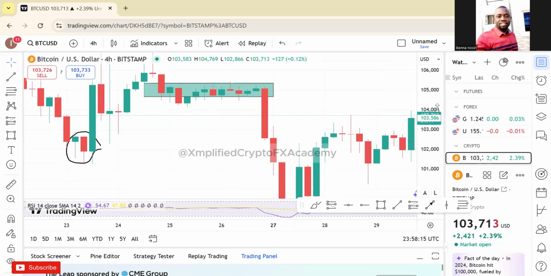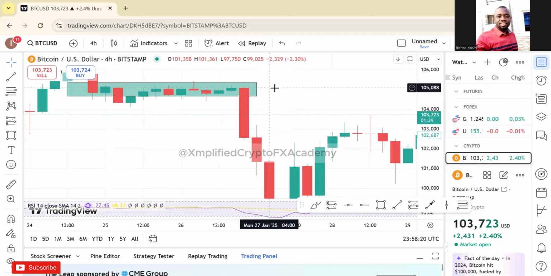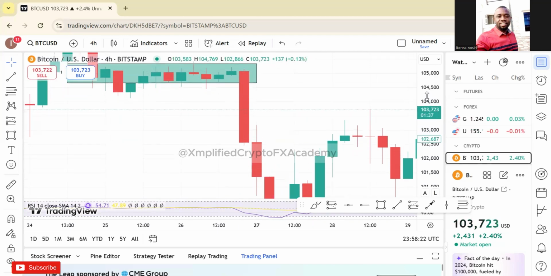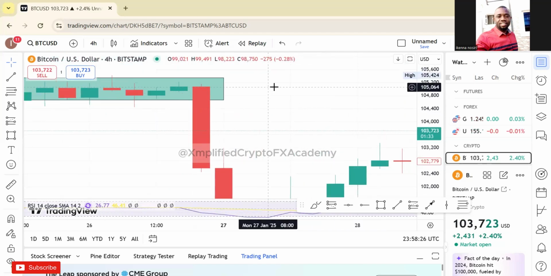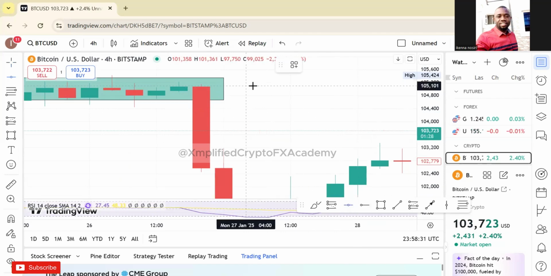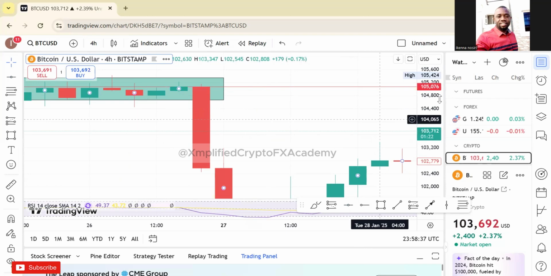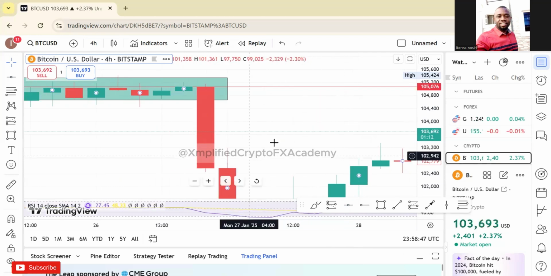Okay, look at where the market opened at this point. Remember how they were in control. What made them be in control? Look at the opening body of this. The market opened at 105,076 dollars, and it closes.